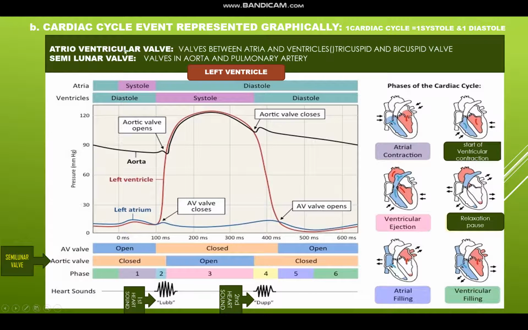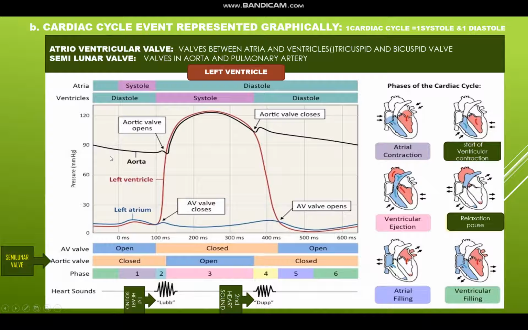This graph also represents when the atria contract, that is the systole phase, and when they relax, that is the diastole phase, and when the ventricles contract and relax, that is the systole and the diastole phases.